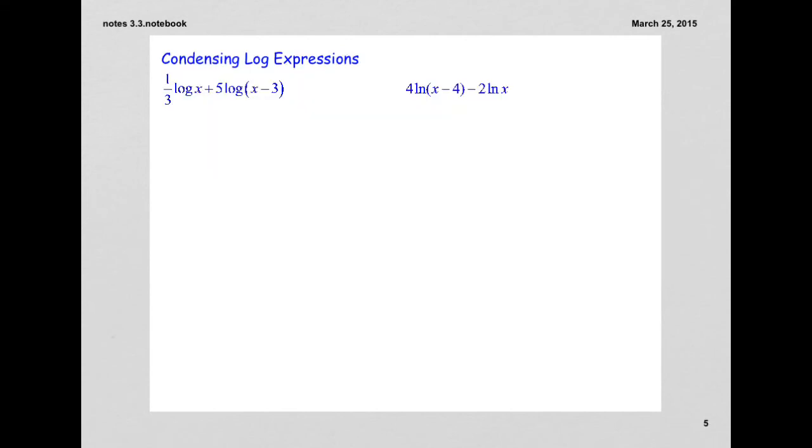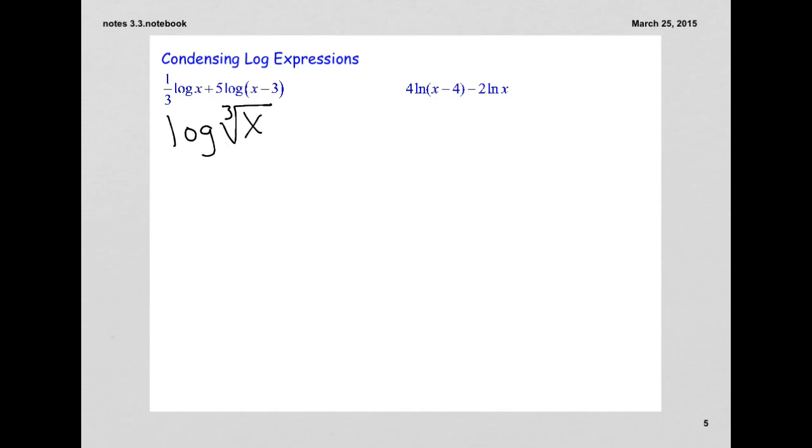Okay, let's look at condensing log expressions. That means I need to have only one log. So you see in this first problem I have 2 logs. I'm going to change it to just 1 log. So that's going to be log. And my first one, I see that's a 1/3 in front of the log, which means my exponent of my x is the cubic root, so that's the cubic root of x.